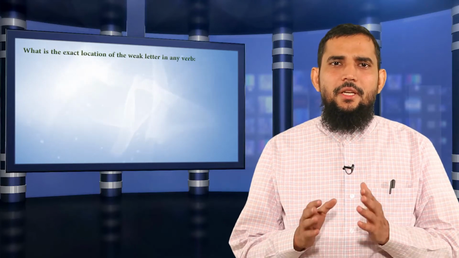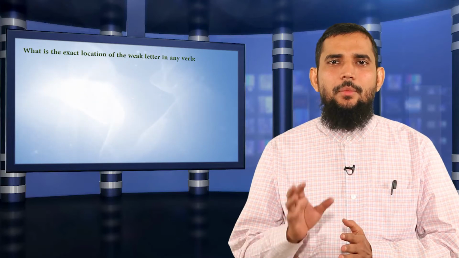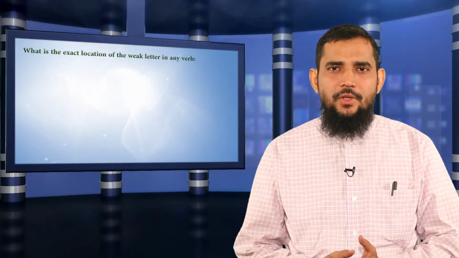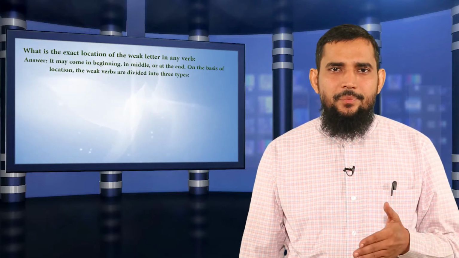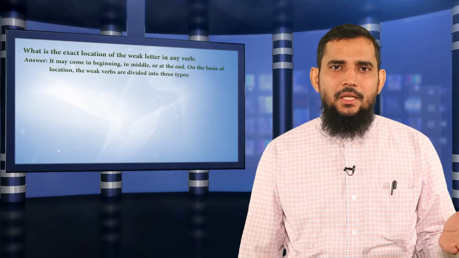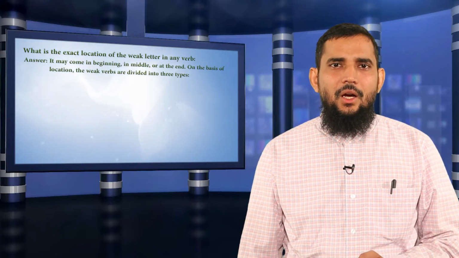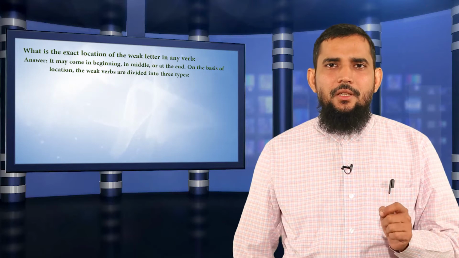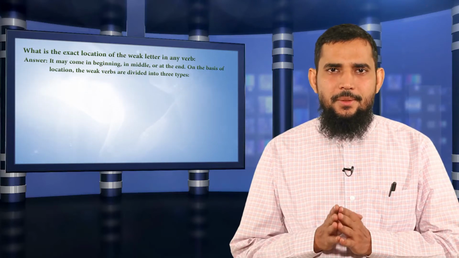Now I'll move to another question: what is the exact location of the weak letter in any weak Arabic verb? The answer is very simple. It may come anywhere, in the beginning, in the middle, or at the end. On the basis of location, the weak verbs are divided into three categories.